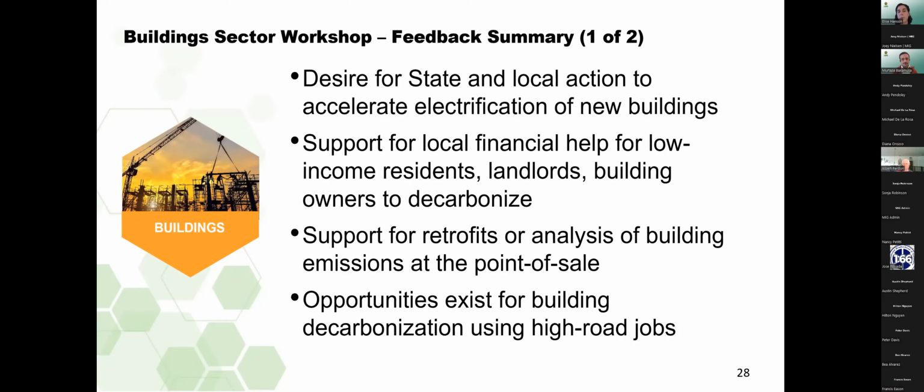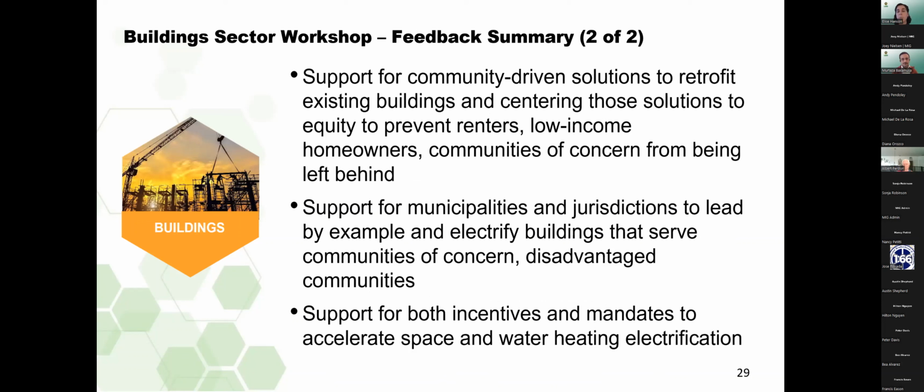Feedback from this workshop included the themes shown on this slide. There was a broad understanding that building decarbonization would occur primarily through electrification of space and water heating, and that attendees asked clarifying questions about the assumptions underlying the analyses and about the scenarios analyzed in the chapter. There was also discussion of the intersection of building electrification and jobs.